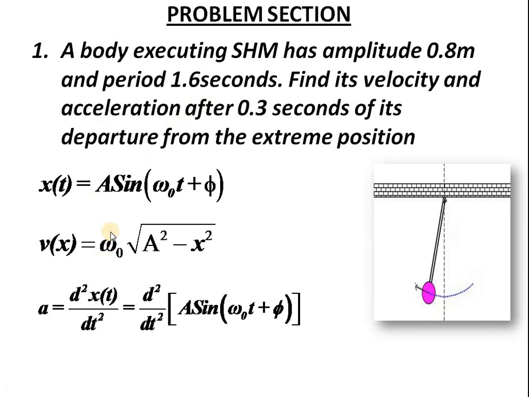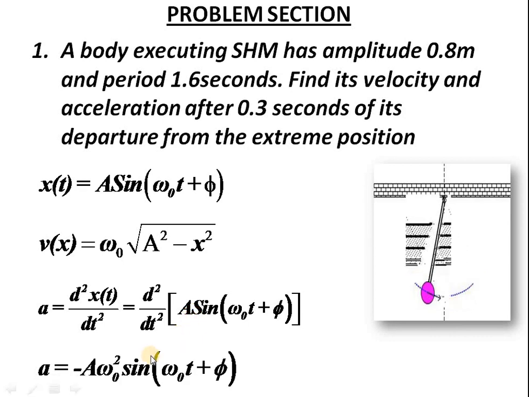And how about acceleration? You know that acceleration is the second derivative of x with respect to time. So you have to differentiate the given x two times. When you do that, you will get acceleration equal to minus a omega 0 square sin(omega 0 t plus phi). Again, you can put in the values. Phi is given here as pi by 2, keep in mind.